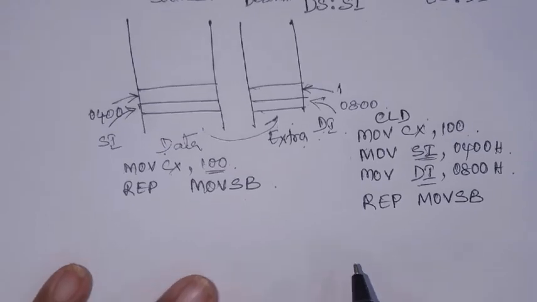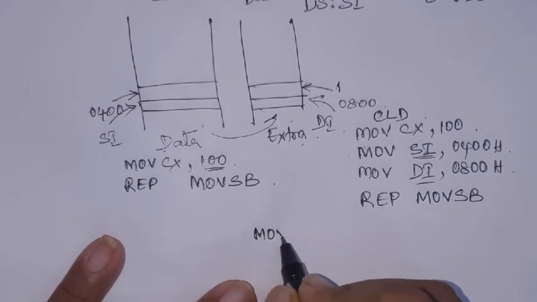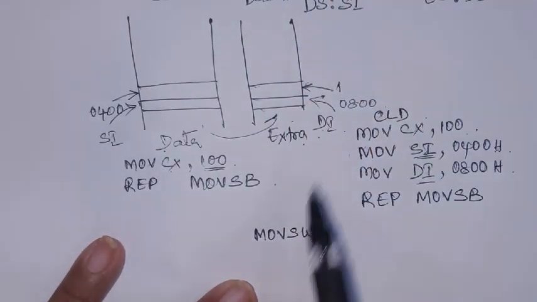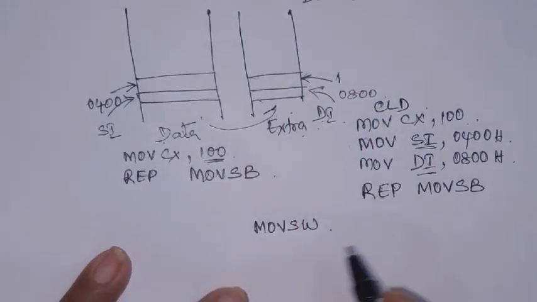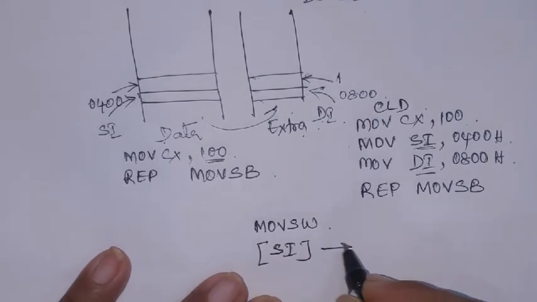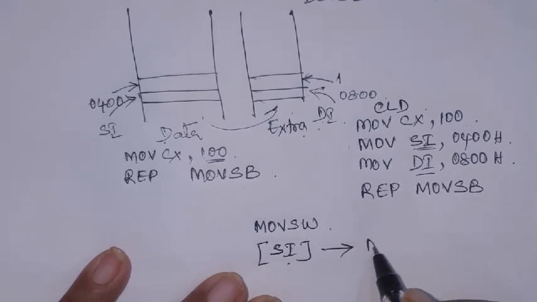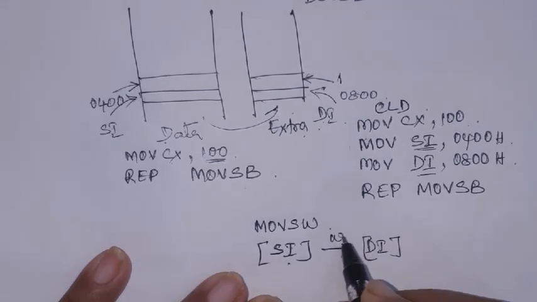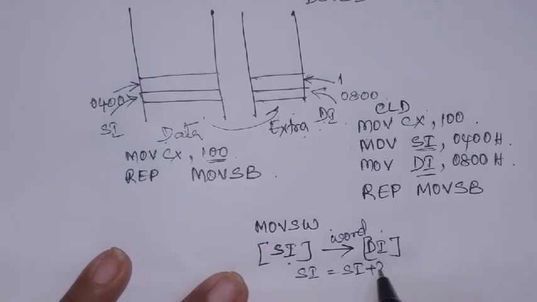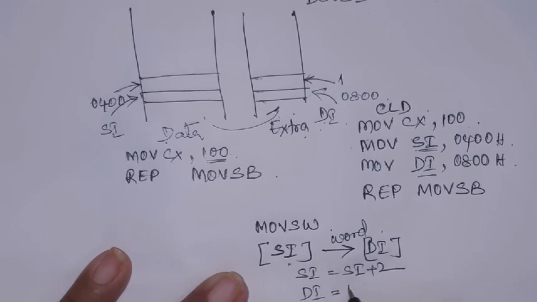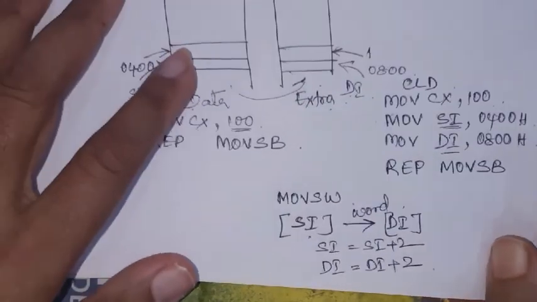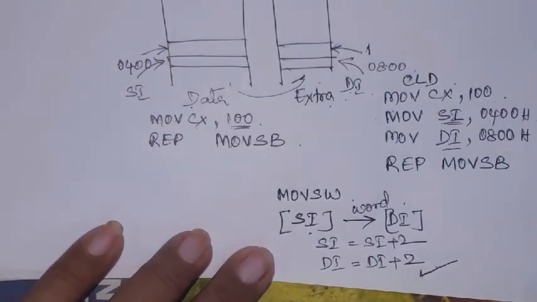If it is move string word, one word is transferred from source to destination, that means 2 bytes, and then SI is incremented by 2 and DI is incremented by 2 to point to the next word in memory.